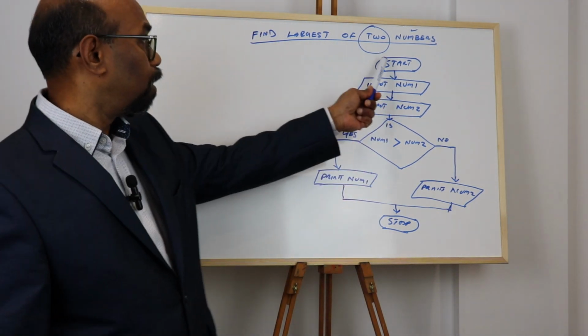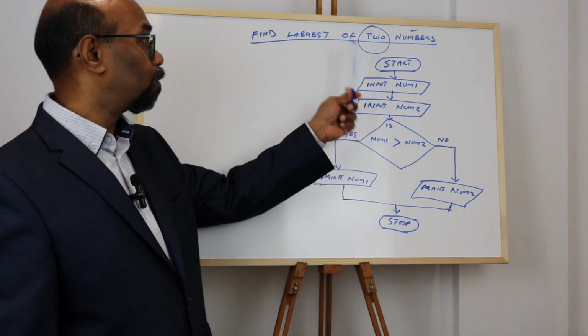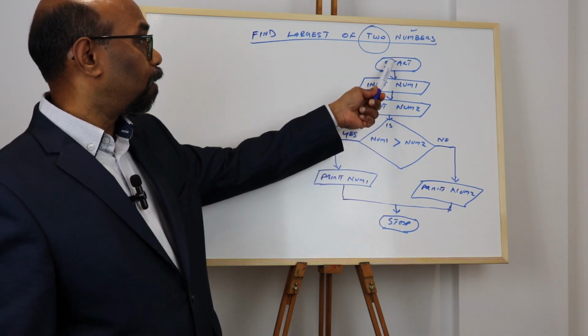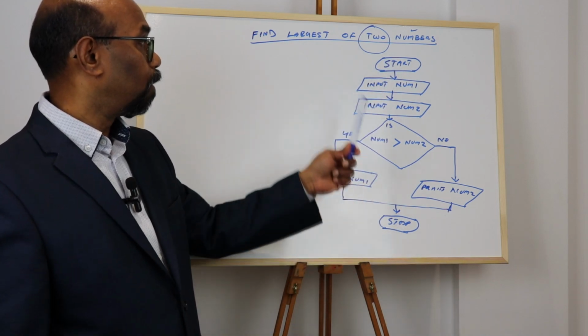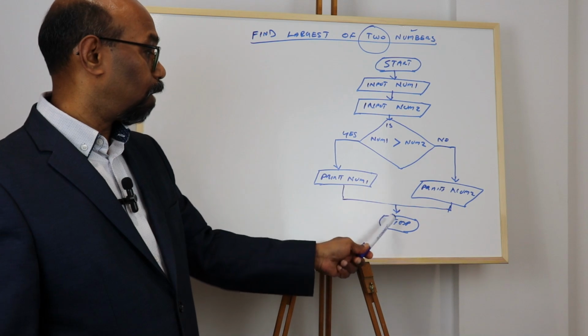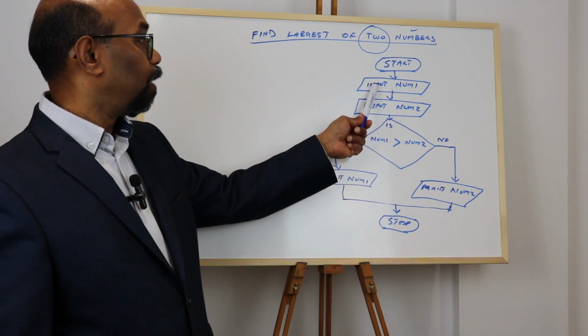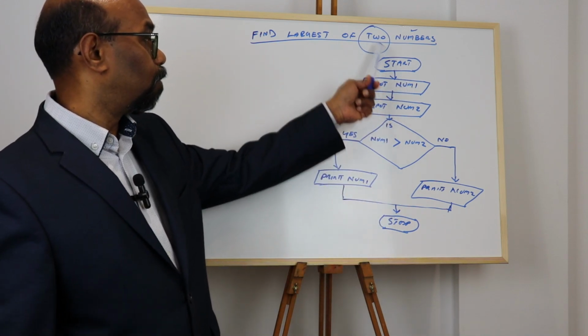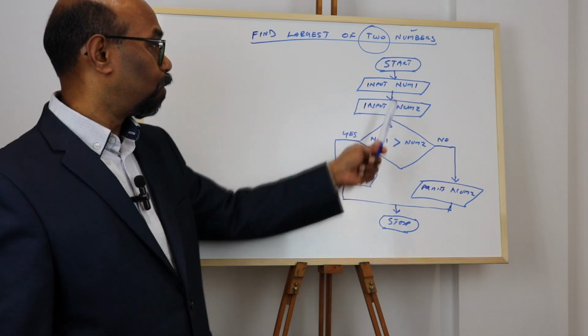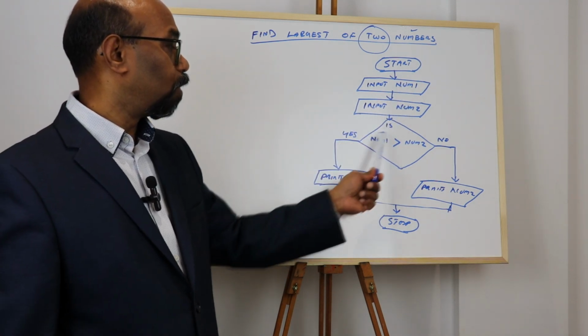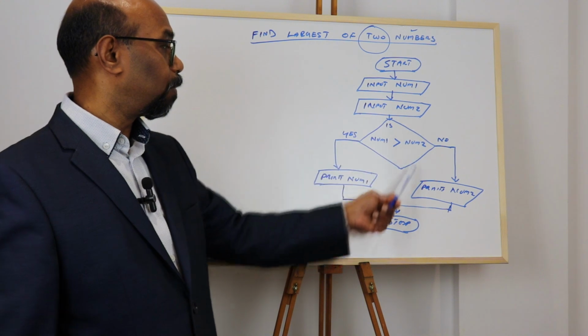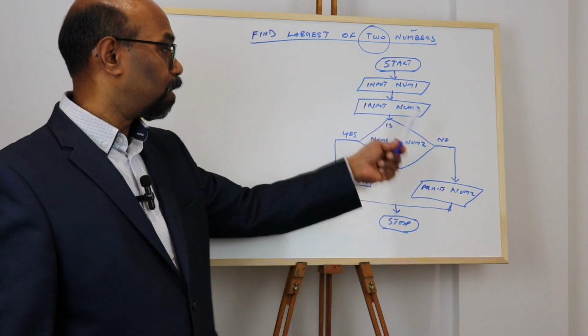As usual, any problem solving flowchart must start with a start and a stop, or begin and end. Input number one, the first number; input number two; then we compare the two numbers. This is a conditional statement, therefore it's a diamond symbol.